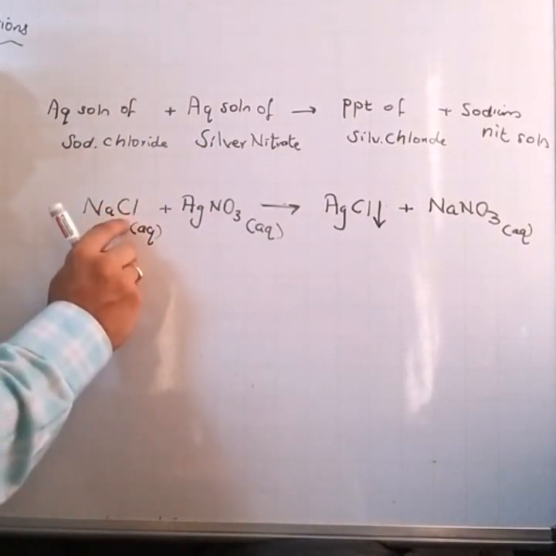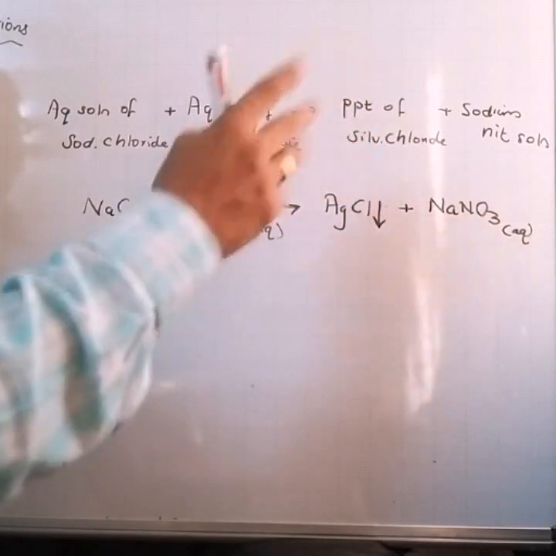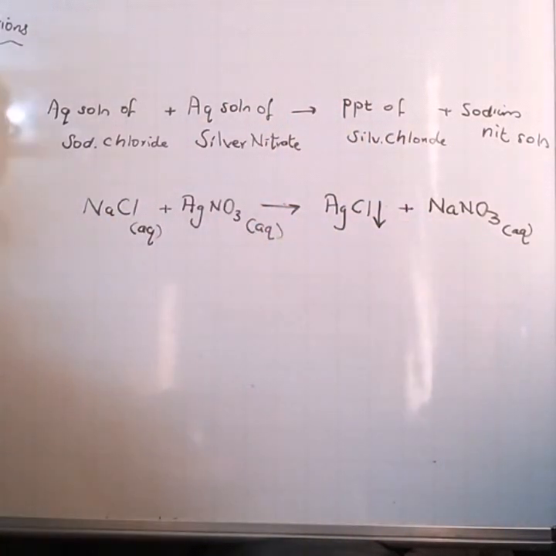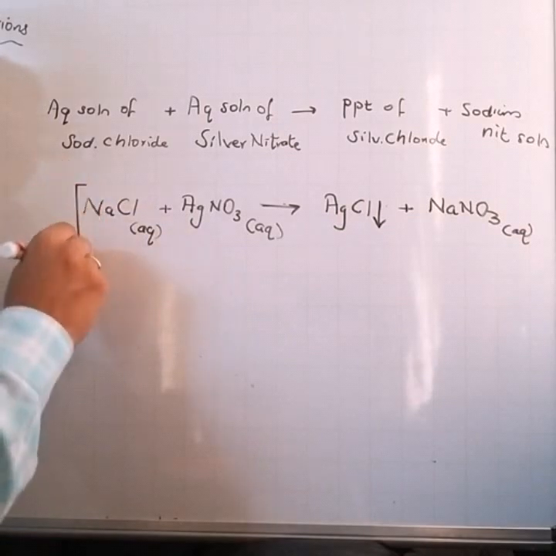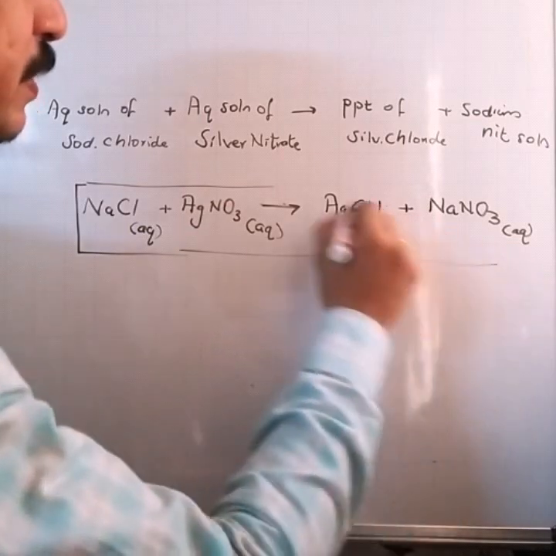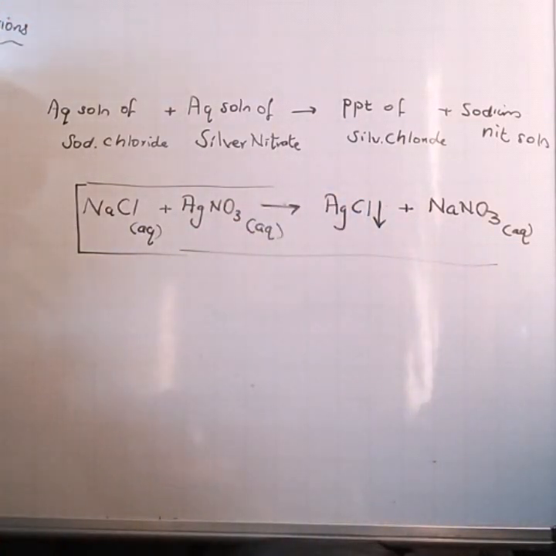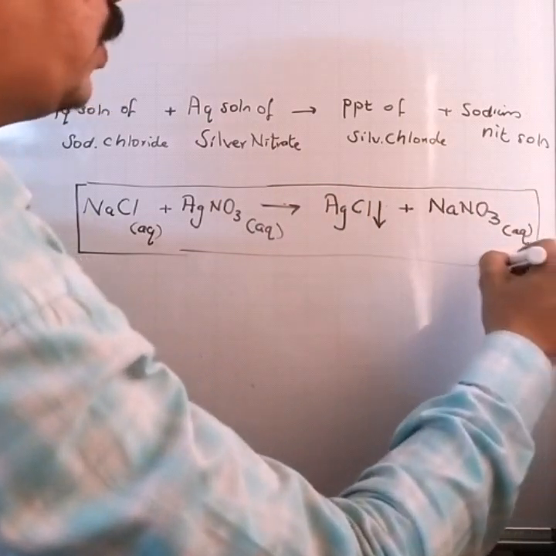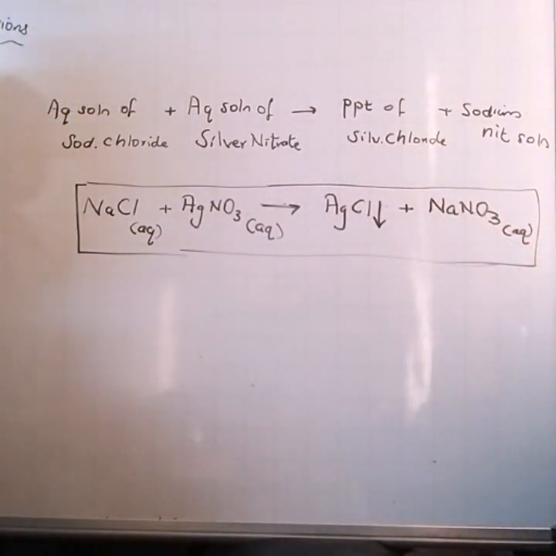Chlorine is 1 atom over here, 1 atom over here. Very good. Sodium is 1. So this equation is a perfectly balanced equation. Okay, but we have to come across equations which are not balanced at all, and that I will teach you in the next topic.